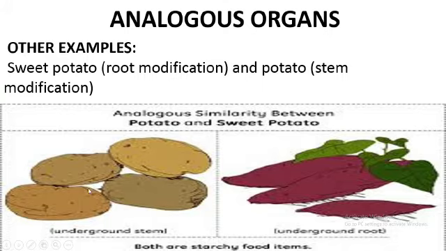So both potato and sweet potato have the same function. They store food, but structurally potato is a stem and sweet potato is a root. Therefore, the origin is different, but the function is the same. Hence they come under convergent evolution, and they are called analogous organs. So that is with regard to analogous organs and analogy.